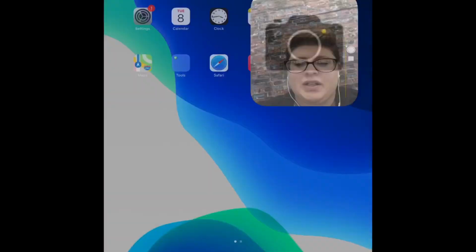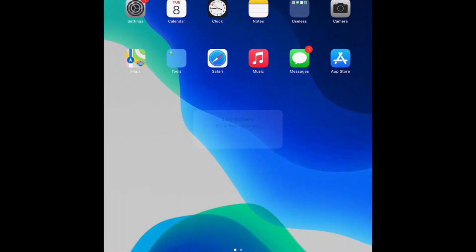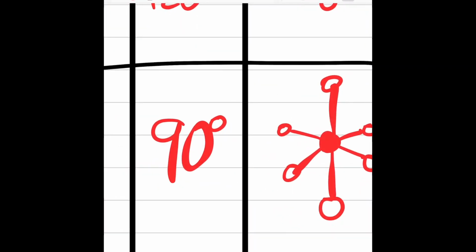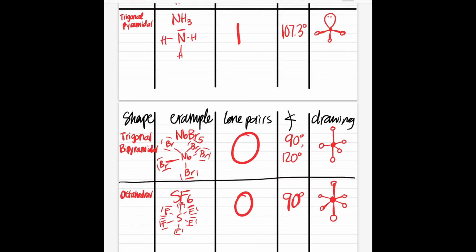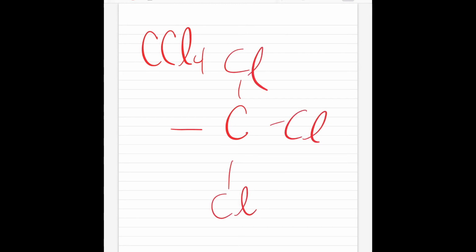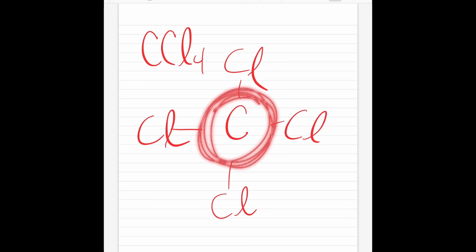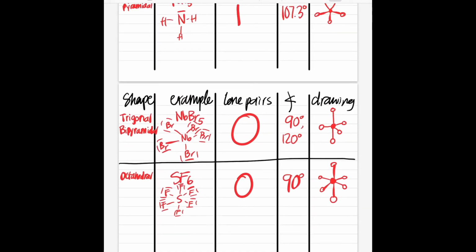All right. So the next thing that you need to know is if you are given a compound, how to tell which one it is. Let's say that you were given something like CCl4. Put your carbon in the middle, chlorine, chlorine, chlorine, and chlorine. Well, I don't have any lone pairs on my center atom, so I can go ahead and eliminate 2 of them.